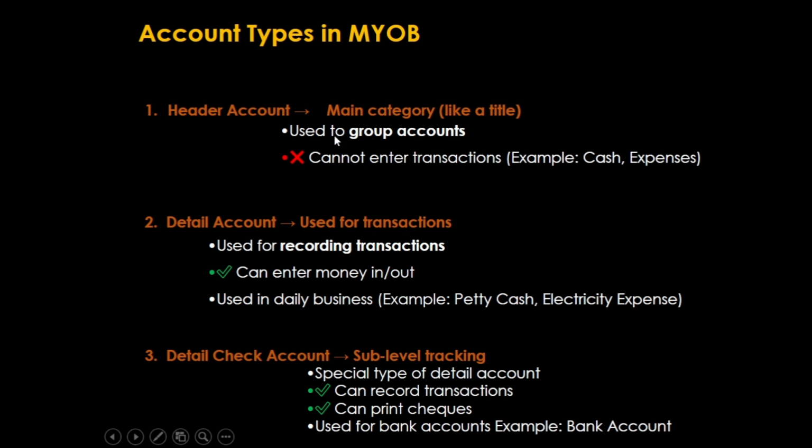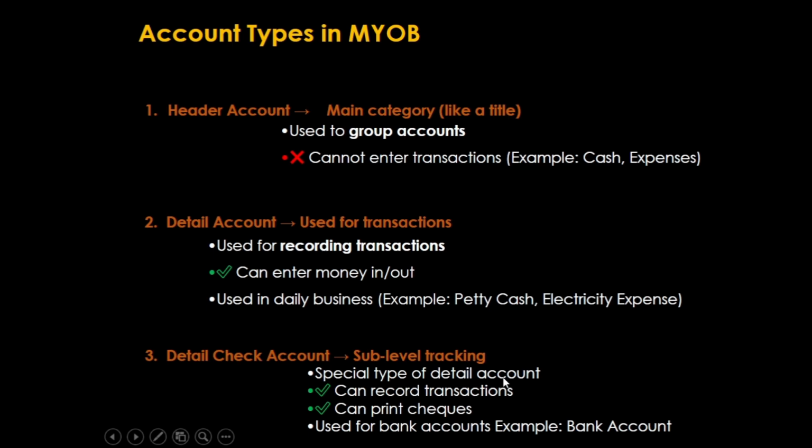Sub accounts. Second one is detail account. It's used for transaction. This is the real place we are going to work. මේක තමයි අපි හරියටම වැඩ කරන තැන. It's used for recording transactions. We can enter money in, out, both them we can add it here, we can record here.